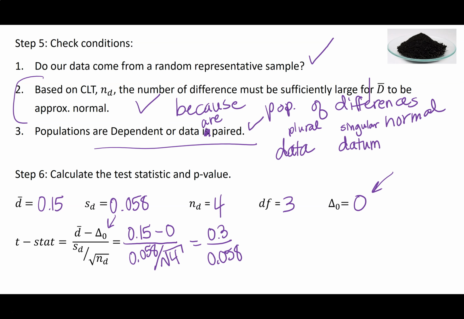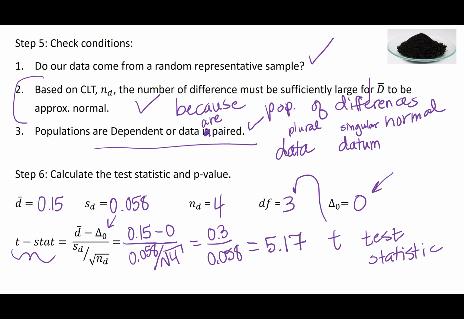And that's going to be 5.17, my T test statistic. If I want to find a p-value, I'm going to use a T distribution with 3 degrees of freedom as my reference distribution.